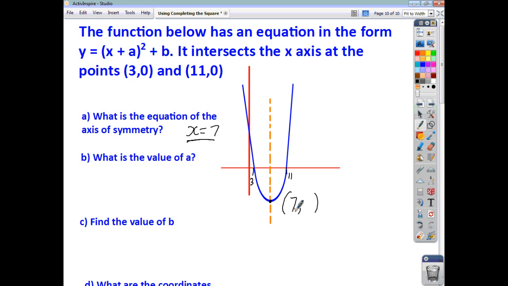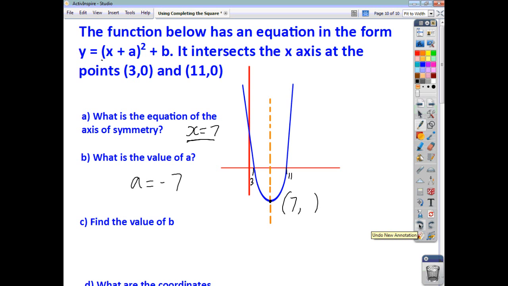Now, if 7 is the x value, what goes in here is going to be negative 7. The value of a is going to be negative 7, because negative 7 is going to partner with 7 to give you a 0 value in here, which will then give you the minimum value of the whole quadratic function, which is what occurs at the turning point.